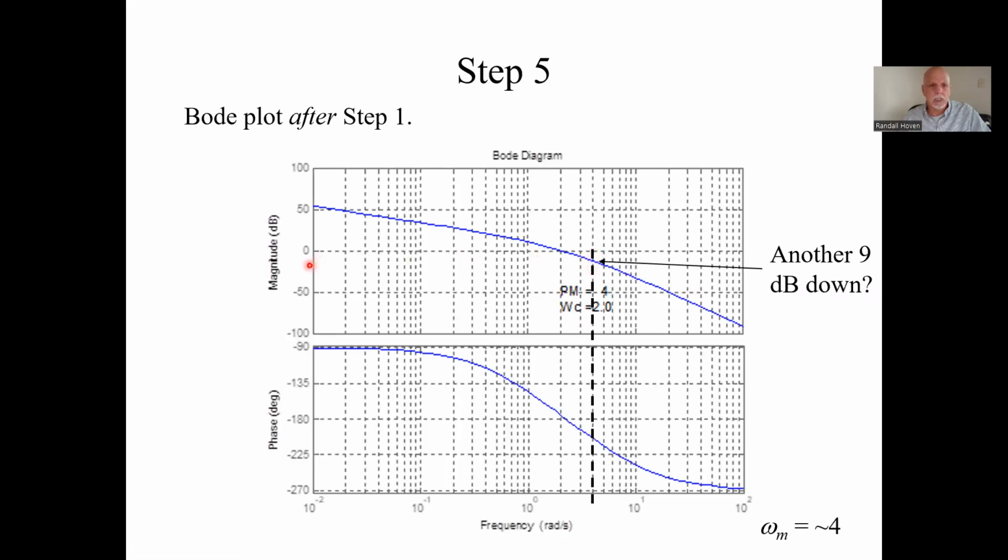It's kind of hard to see exactly on this increment, but I'll say it's about there. I hit the blue line there, which is down here at 4 radians per second. Our omega sub m is found graphically, you can't just calculate it. You can calculate the 9 dB exactly, but you have to use the Bode plot to get the omega sub m.